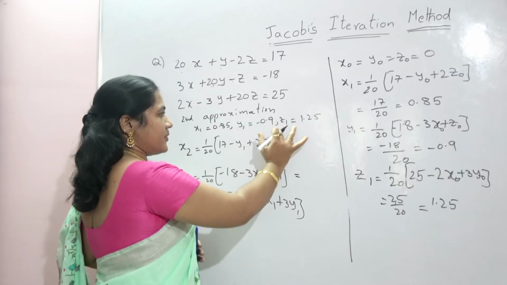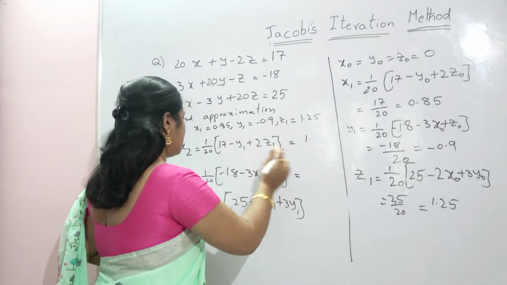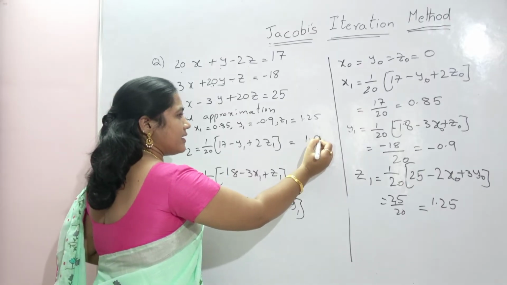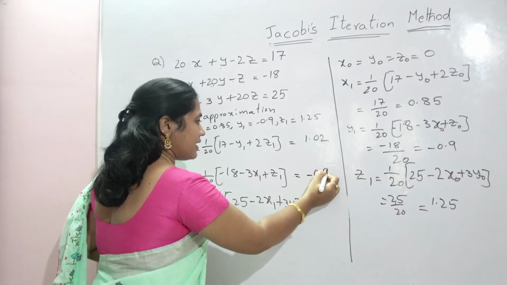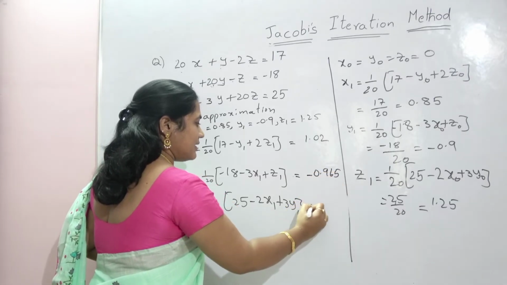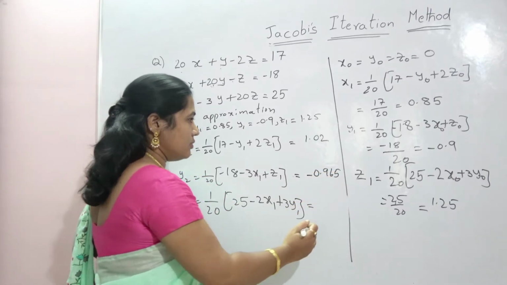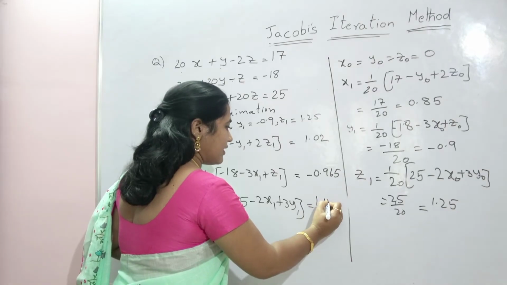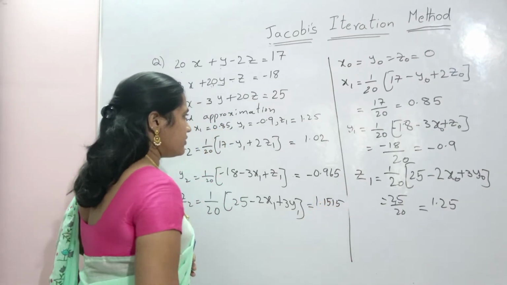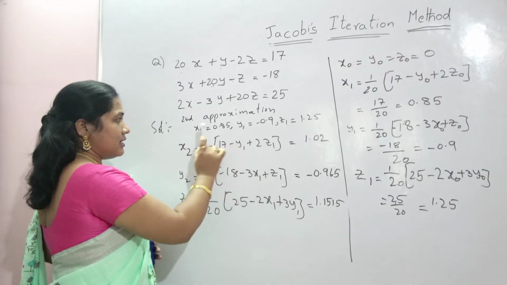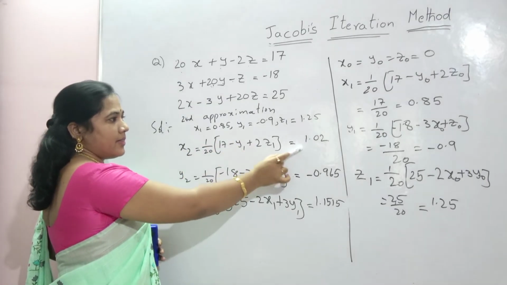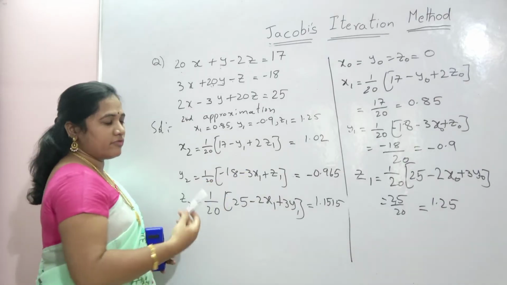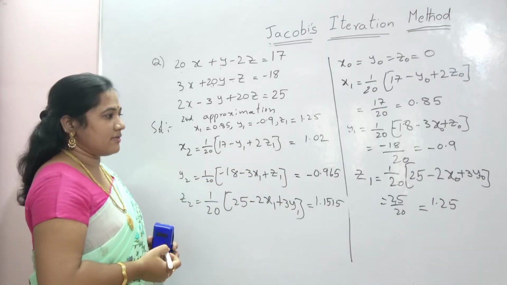So after substituting these values, you will get x2 equals 1.02 and y2 equals minus 0.965 and z2 equals 1.1515. Now compare the x1 value and x2 value. So these two are not same. So you go for the next approximation value.